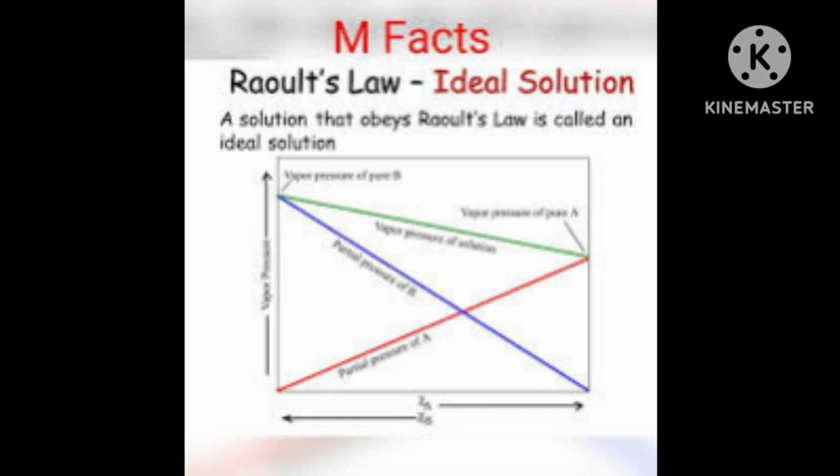Okay. Third, I am talking about the conclusion. The first conclusion I told you: total vapor pressure over the solution can be related to the mole fraction of any one component. Second, total vapor pressure over the solution varies linearly with the mole fraction of component 2.